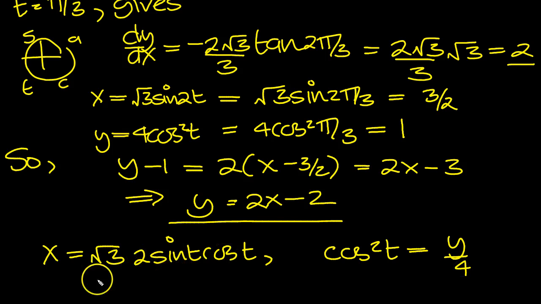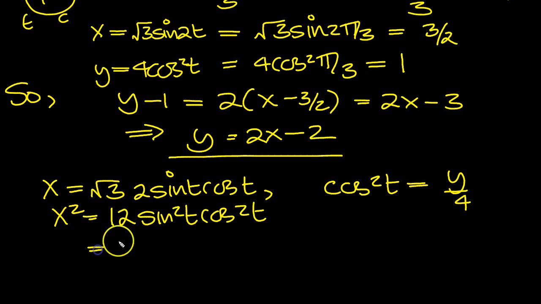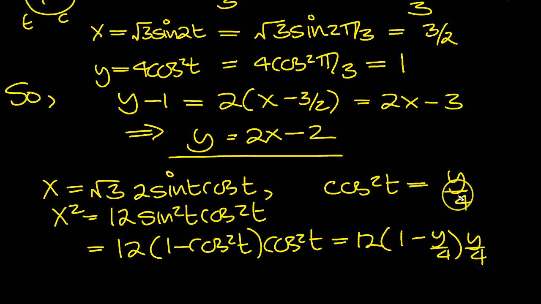So let's square this. So x squared is equal to 3 times 4 is 12 sine squared t cosine squared t. And that's equal to 12 times 1 minus cosine squared t times the cosine squared t. 12 times 1 minus y over 4 times the y over 4 then, just putting the y over 4 instead of cos squared.